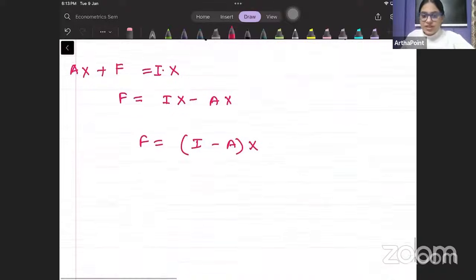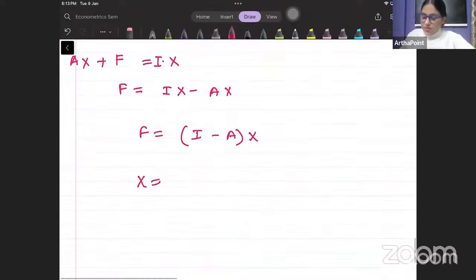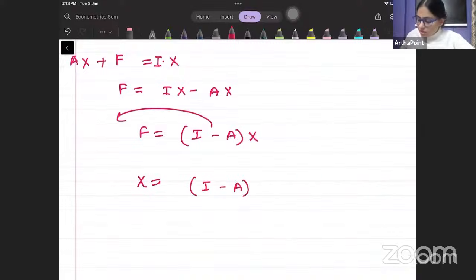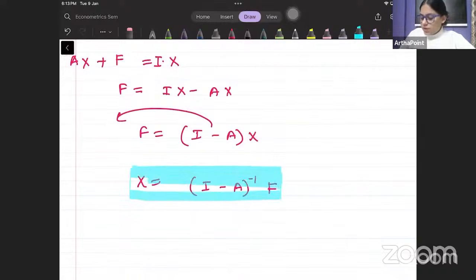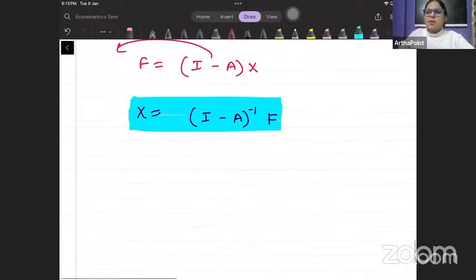I have to find x from here. So x will be, it will go here and become (I minus A) inverse into f. This will be the value of x. I will give you a question and everything will become clear.